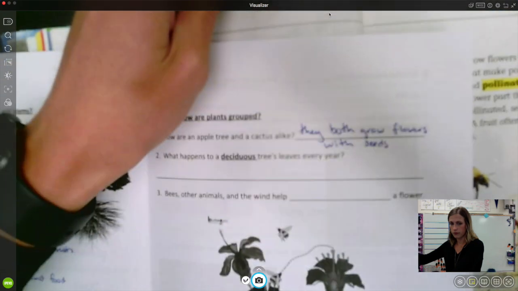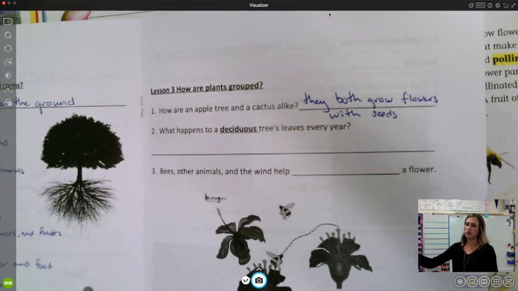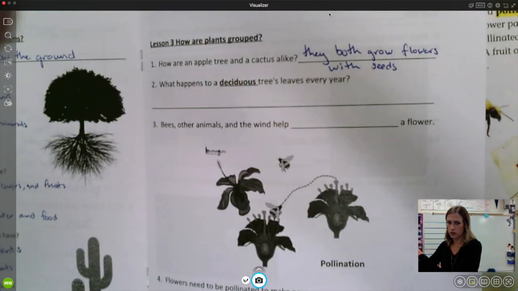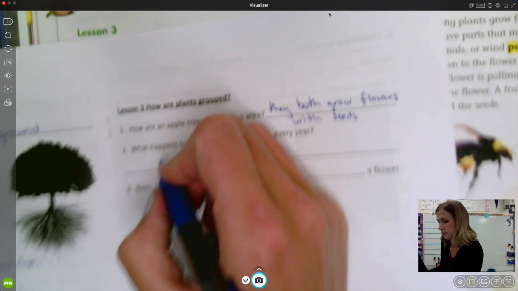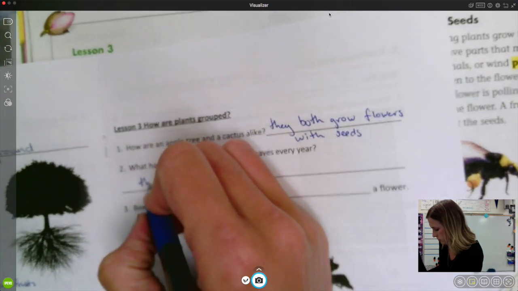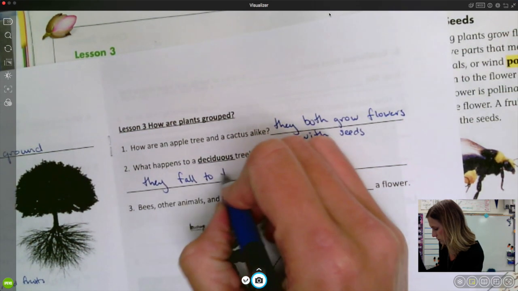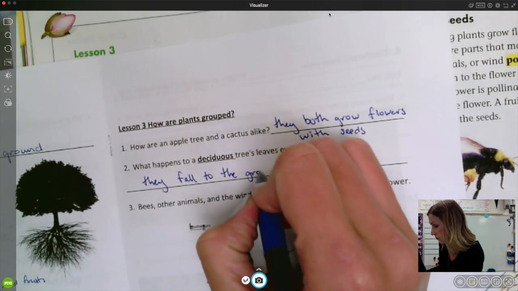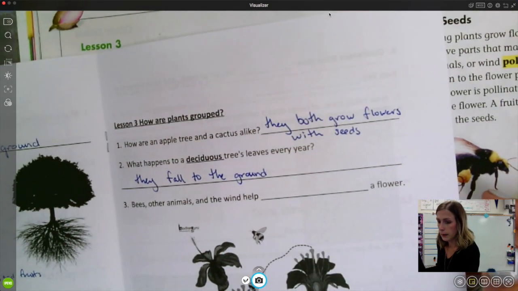All right, they both grow flowers with seeds. What happens to deciduous leaves every year? They fall off. All right.